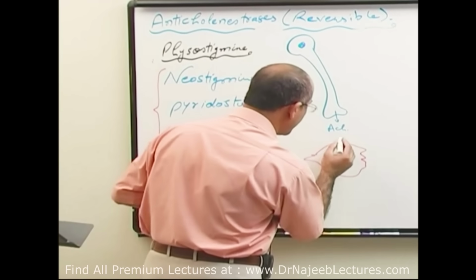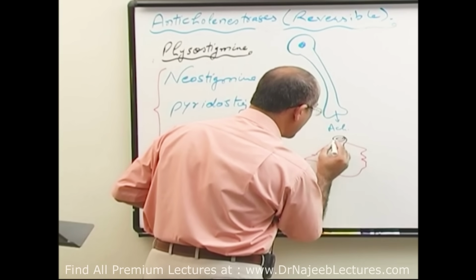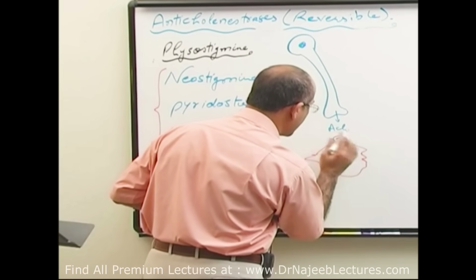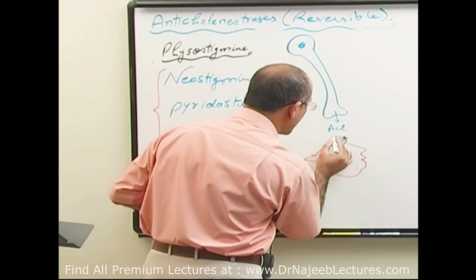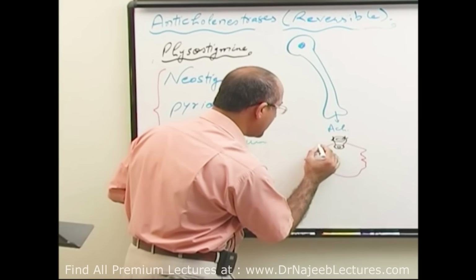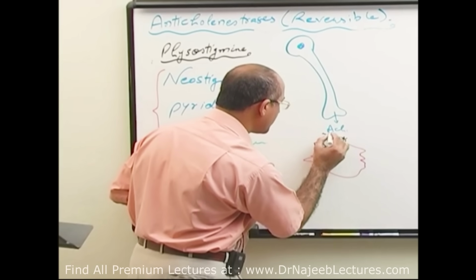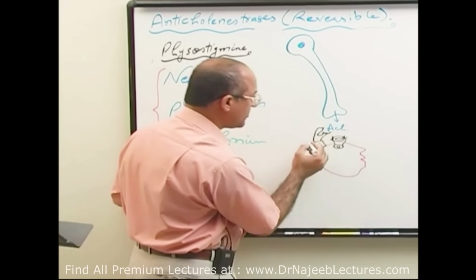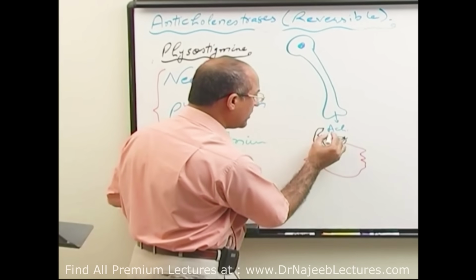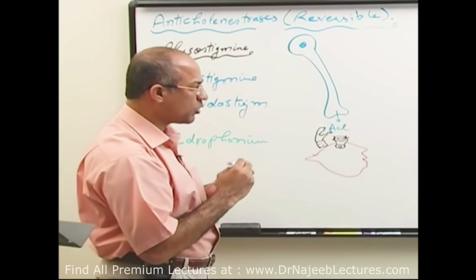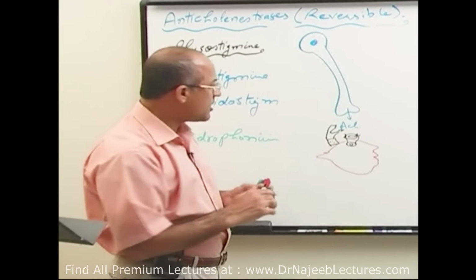And what is this thing? This is the receptor, nicotinic receptor, where acetylcholine will bind. And here is your friend which loves to destroy acetylcholine: acetylcholinesterase. Is that right? Now what happened?